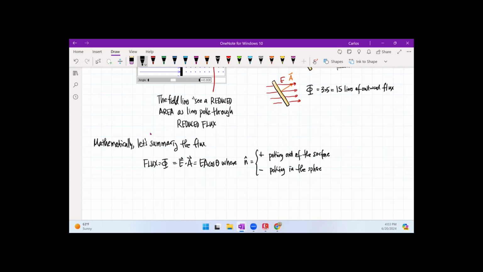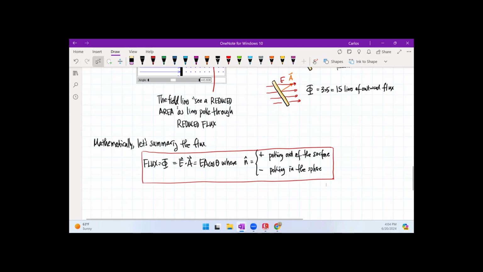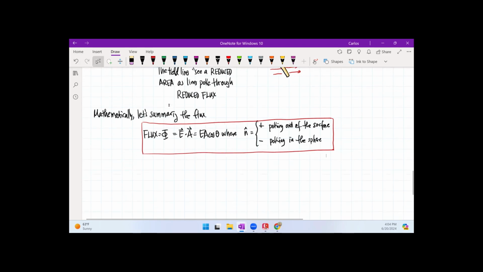So that is, in essence, another definition of the flux. And here are the units.